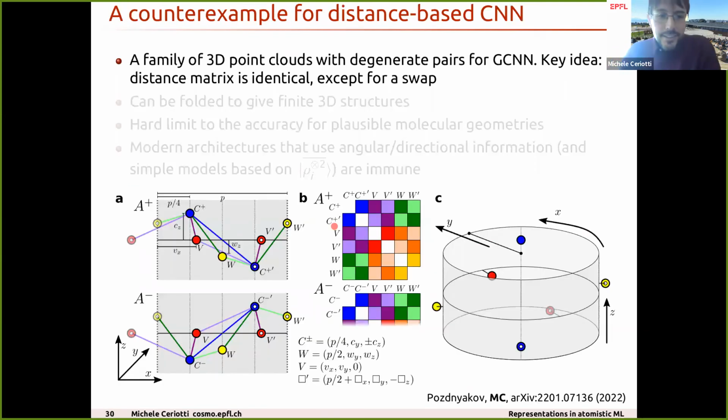And actually, the same student who had found this counterexample for distance and angle atom-centered descriptors has been able to find a geometric construction that creates point clouds whose distance decorated graphs are indistinguishable: you can find pairs of these structures that cannot be told apart by a first order Weisfeiler-Lehman test. Basically, you can build three-dimensional point clouds that have this degeneracy.